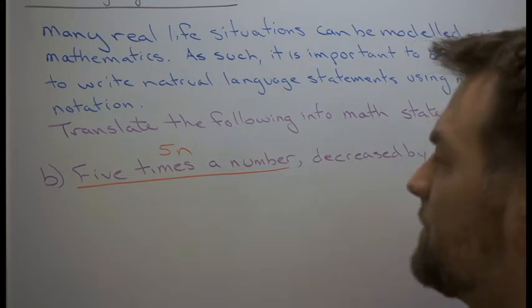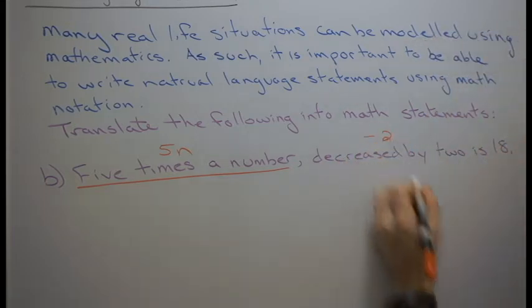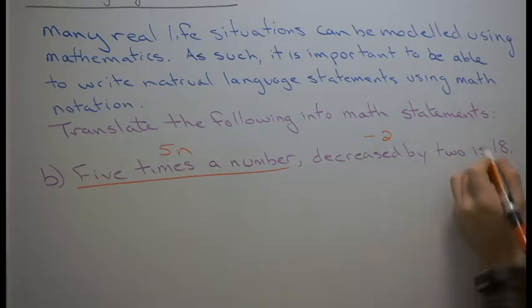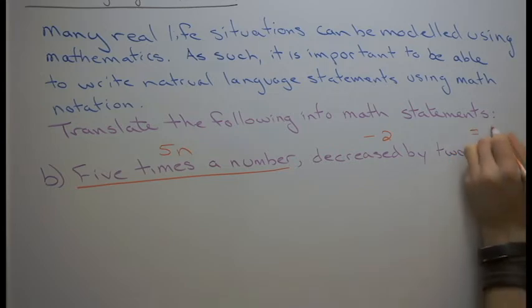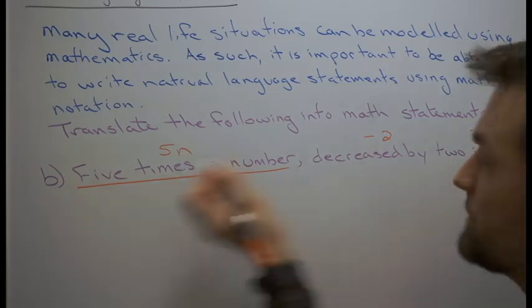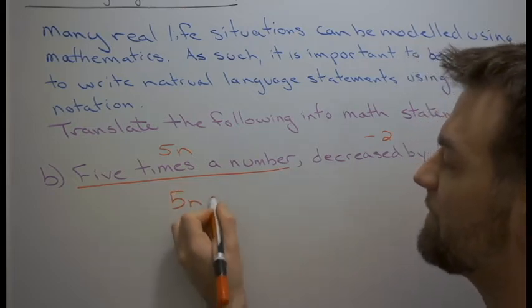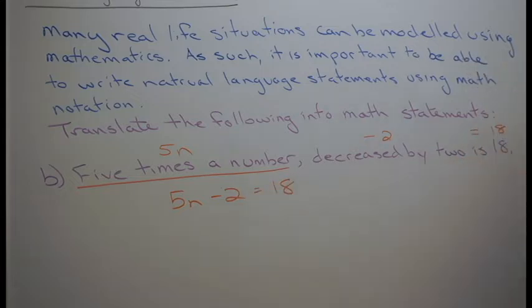So 5 times a number decreased by 2, well that means minus 2, is, and is in math translates to the word equals, so equals 18. So here, this one comes out nicely in order. 5n minus 2 equals 18.